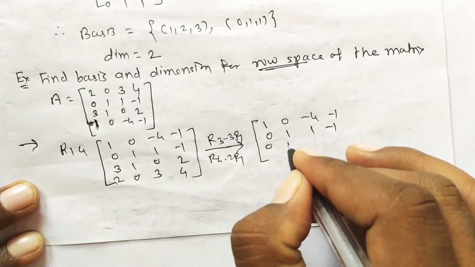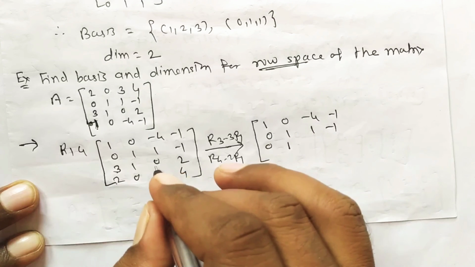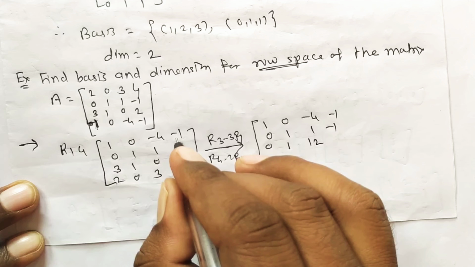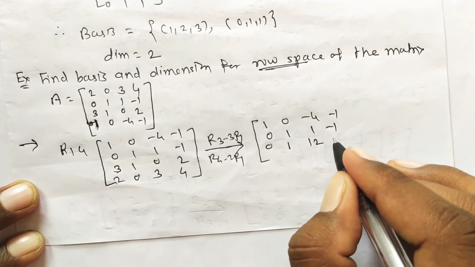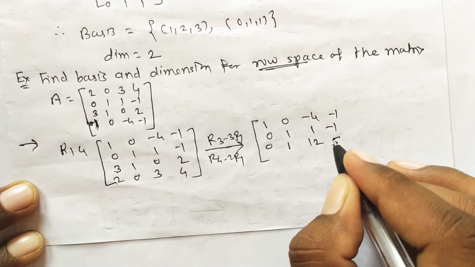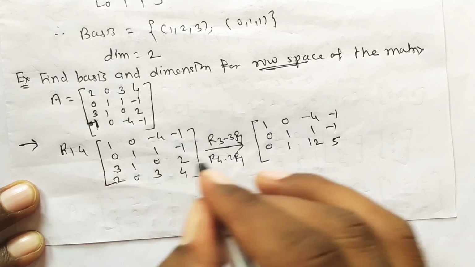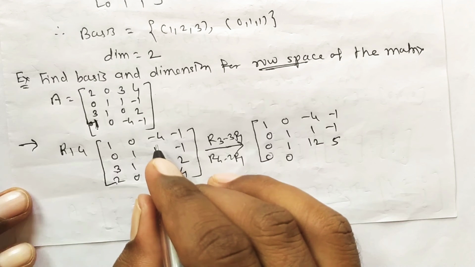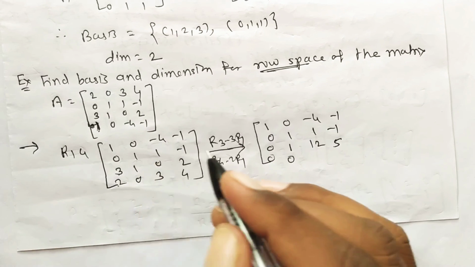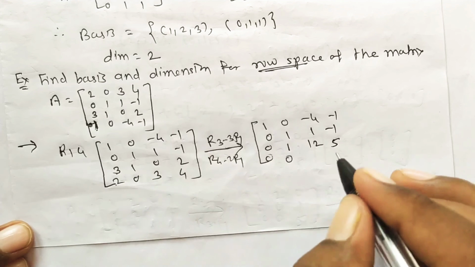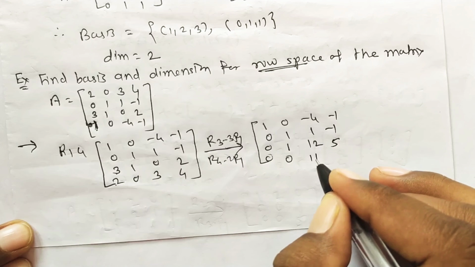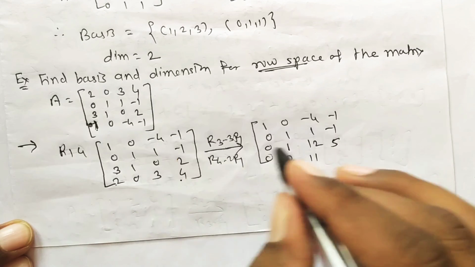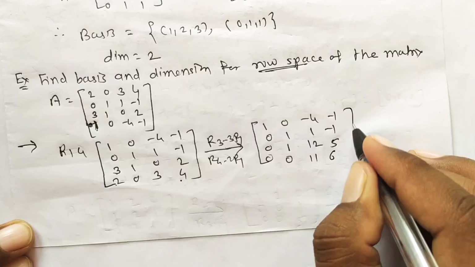If we use these operations, then this matrix becomes 1, 0, -4, -1, 0, 1, 1, -1, then 3 minus 3 is 0, 1 minus 3 into 0 is 1, 0 plus 3 into 4 is 12, then 2 plus 3 is 5. Then 2 minus 2 is 0, here also 0, 3 plus 8 is 11, and 4 plus 2 is 6.